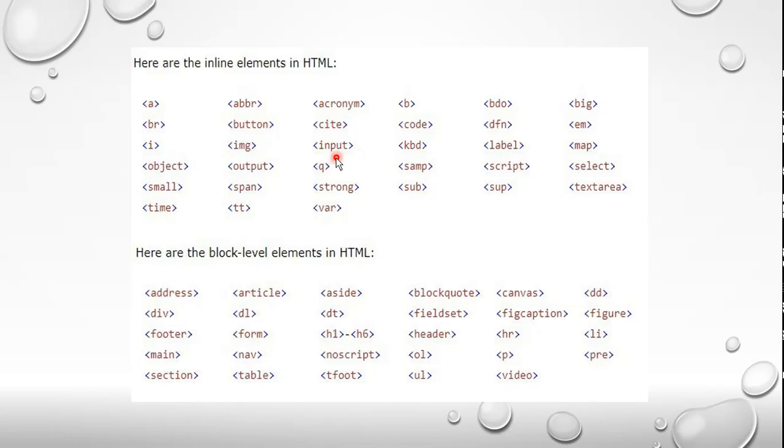Italic, small, sub, strong are there. Coming to block level, I told div is one of the block level, and footer and navigation are also block level.